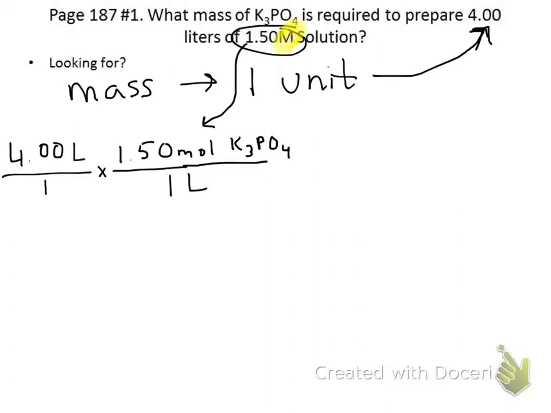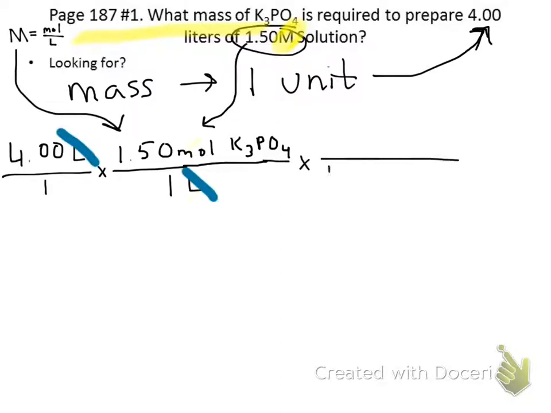That's your conversion factor. Every time you see the big M, remember that means moles per liter. Liter goes on the bottom so that the 4 liters will cancel out. So again, remember the moles per liter. There's the liters canceling out, and then you do the next step.